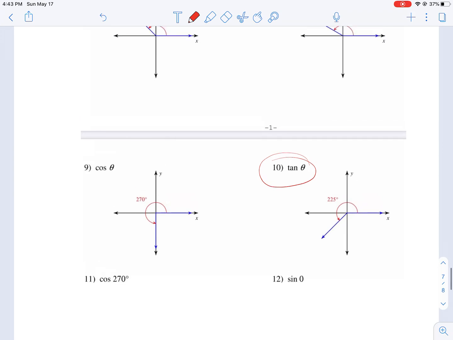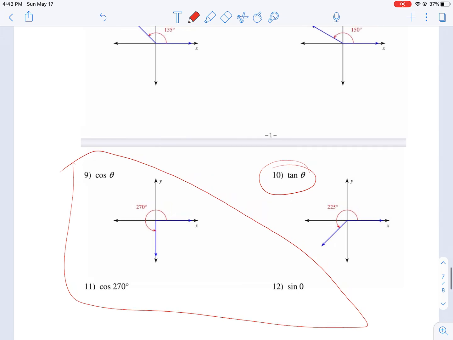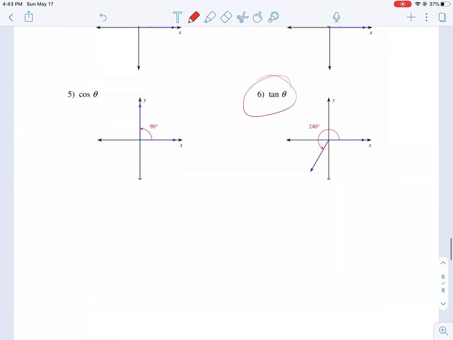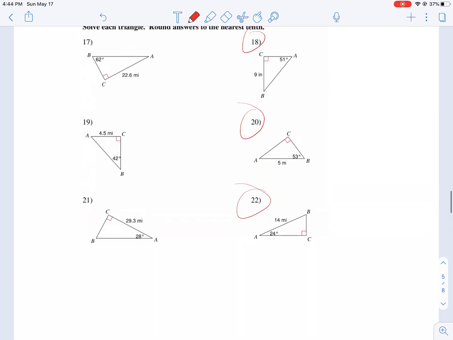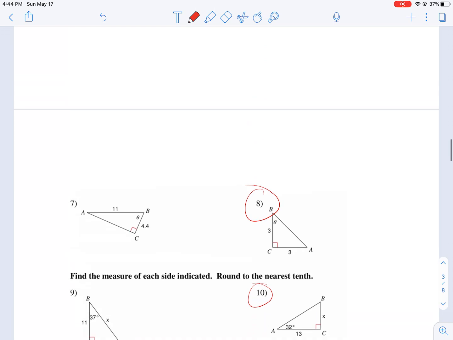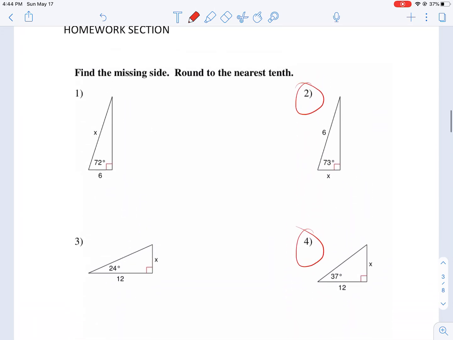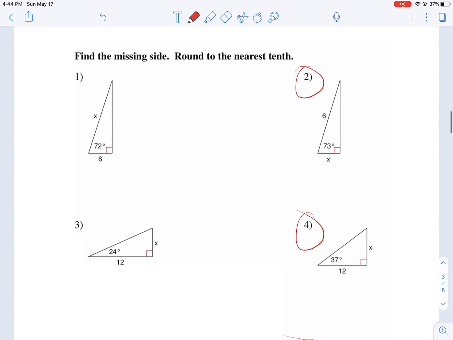And then I'm going to do these ones down here as well. So you're going to have 1, 2, 3, 4, 5, 6, 7, 8, 9, 10, 11, 12, 13, 14, 15 problems for homework. Okay? So, let's get started here.